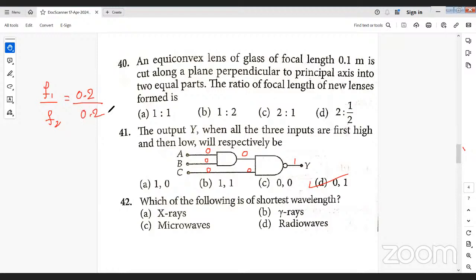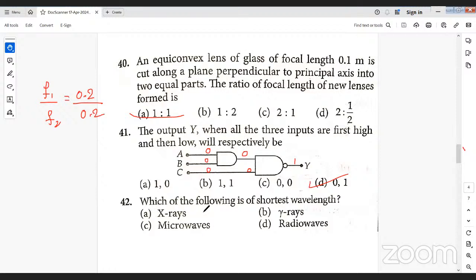Therefore 0.2 divided by 0.2, that is 1:1. Option A is the answer. So 0.1, if you are dividing it into 2 parts, it becomes 0.2, 0.2. So therefore 0.2 by 0.2 will be 1:1.